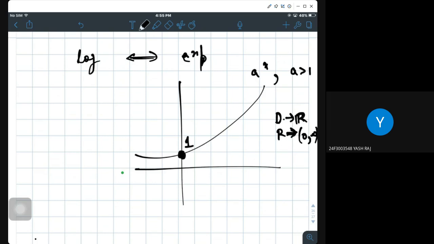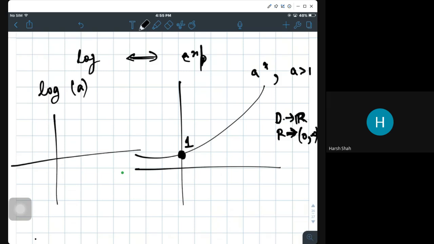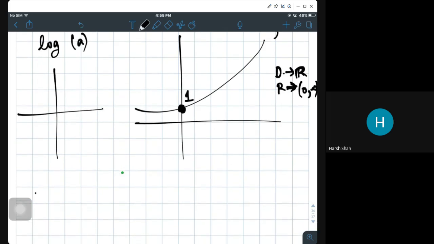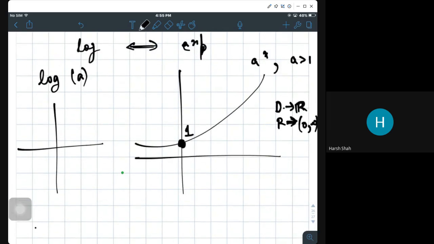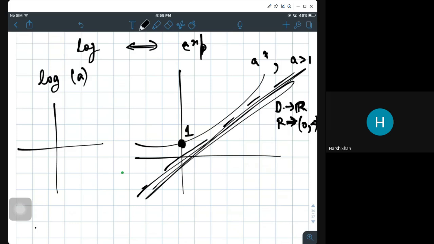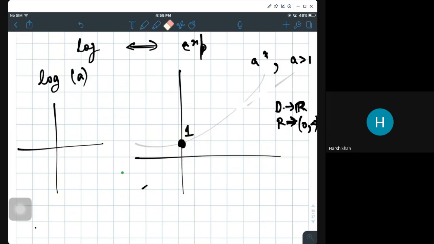Now, similarly, there is a log function, log of a, right? If you draw the graph of this, you will observe that it is same as the graph of e raised to the power x. The only thing is it is reflected from this line. It is like you place a mirror on this line, and whatever you get is your graph for the log function.